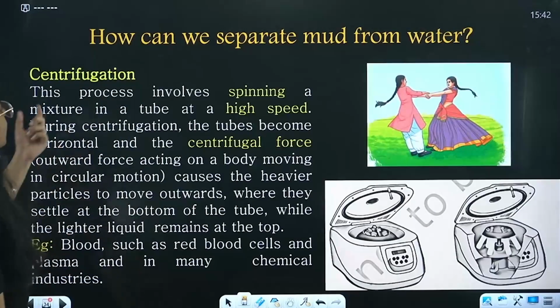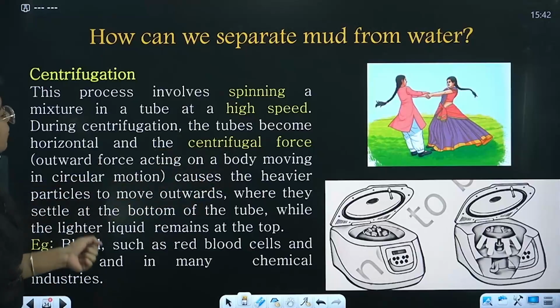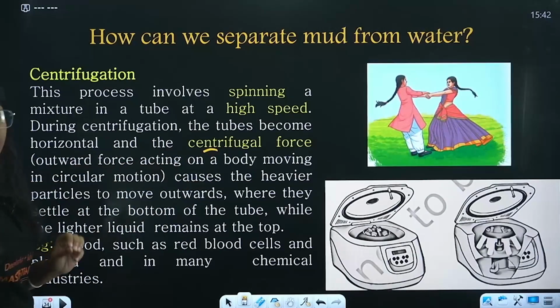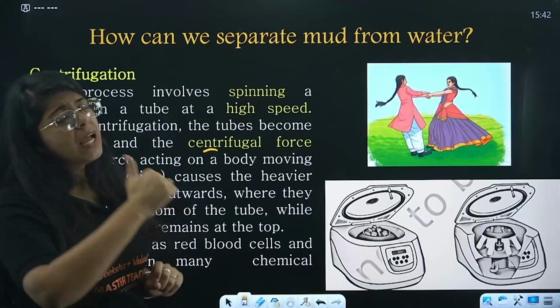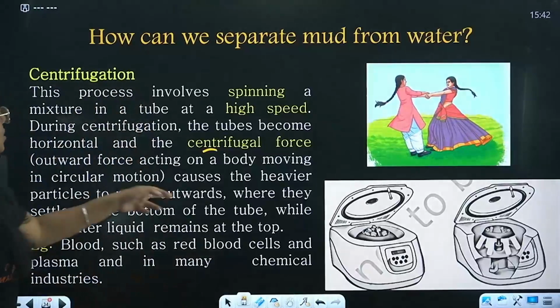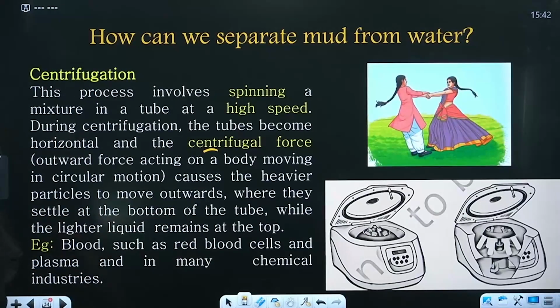Okay, so that is what this process involves, spinning a mixture in a tube at a high speed. During centrifugation, the tubes become horizontal, and the centrifugal force, we studied that in physics as well, right? The force on the body outwards when it rotates in a circular motion, causes the heavier particles to move outwards, where they settle at the bottom of the tube while the lighter liquid remains at the top.